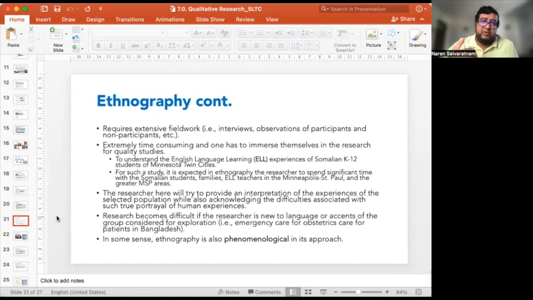For example, if you don't understand the language of the group that you are researching, if you are not 100% sure about what they're saying, then it becomes extremely difficult in the research process. The example here says emergency obstetrics care for patients in Bangladesh, something like that. So in some sense, ethnography is also phenomenological in its approach because you are trying to understand the experience.